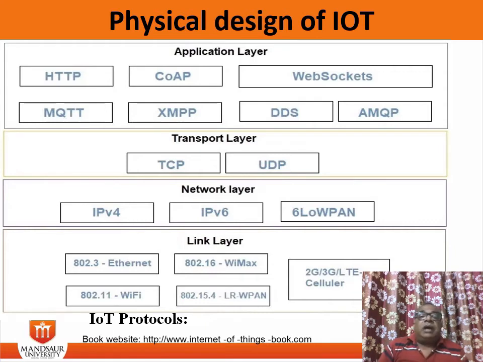Now coming to the application layer. Application layer protocols define how applications interface with the lower level protocols to send data over the network. The first is HTTP, Hypertext Transfer Protocol, an application layer protocol for transmitting hypermedia documents such as HTML.